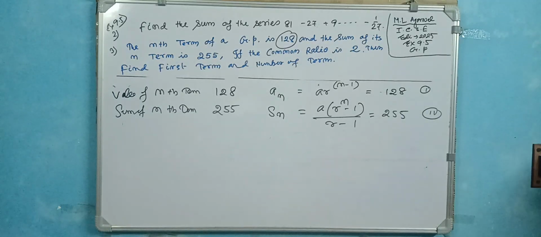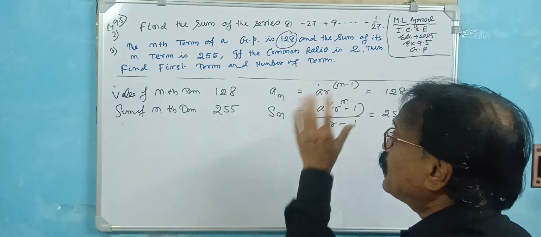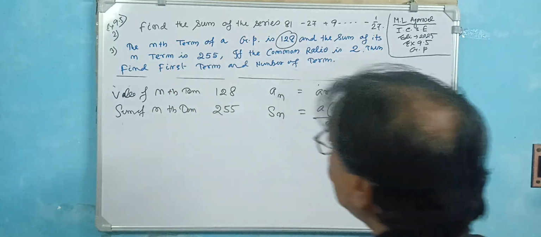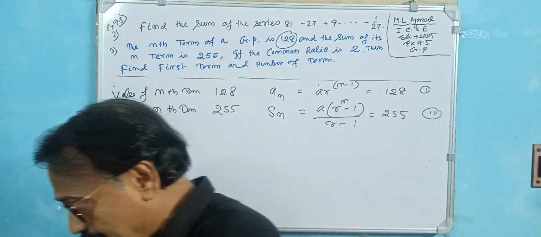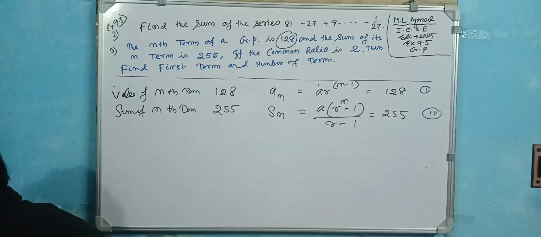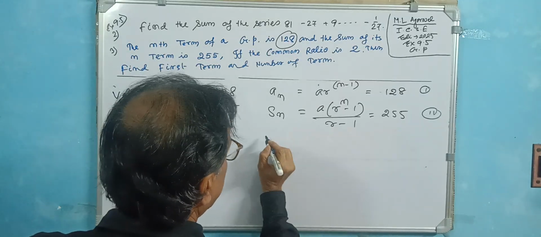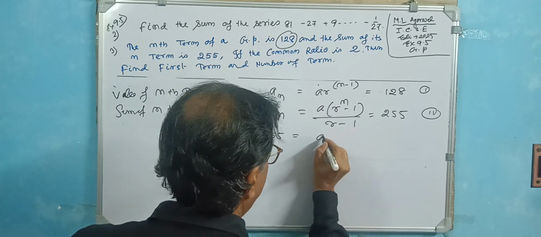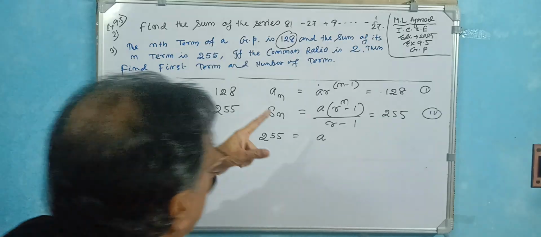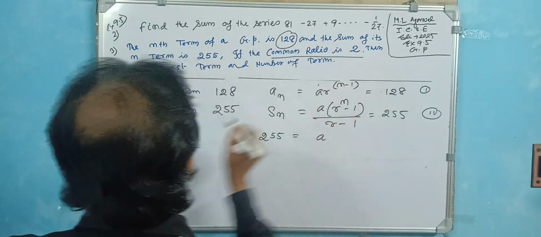First you select which formula to use and where to use it, what the equation form is. From there you calculate, find the first term, that means you calculate a, and the number of terms means you calculate n. So let's begin. Here this is 255, that is equal to a, and here is the given data, and the common ratio is 2.